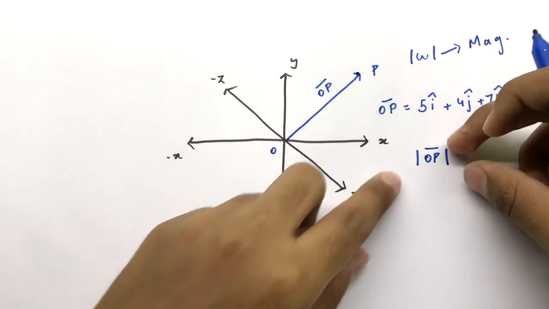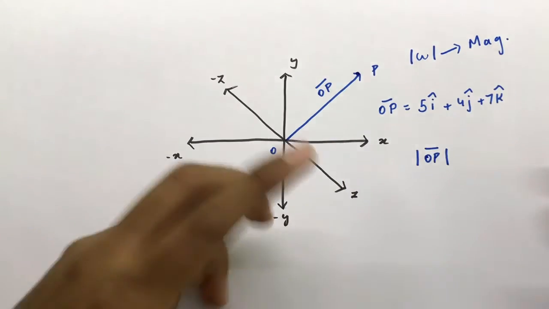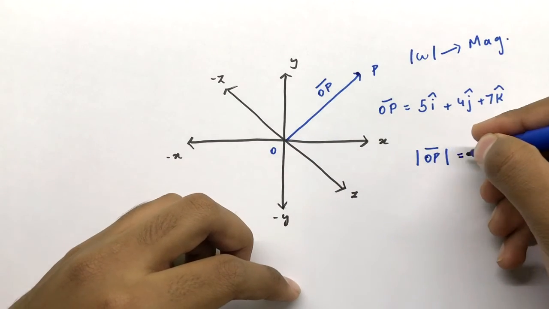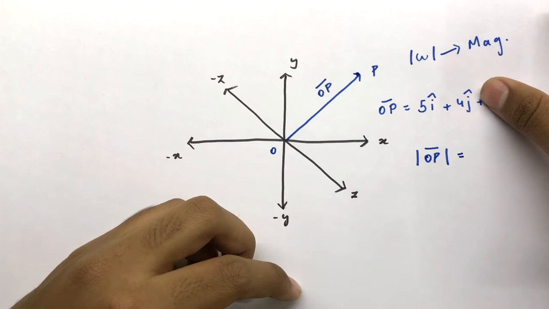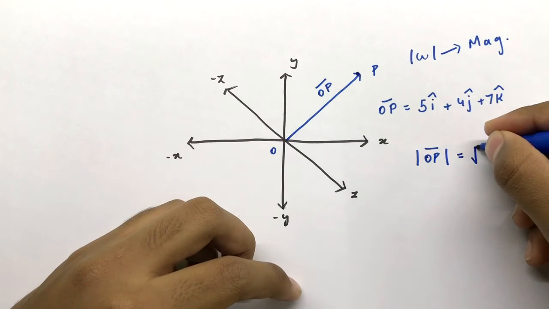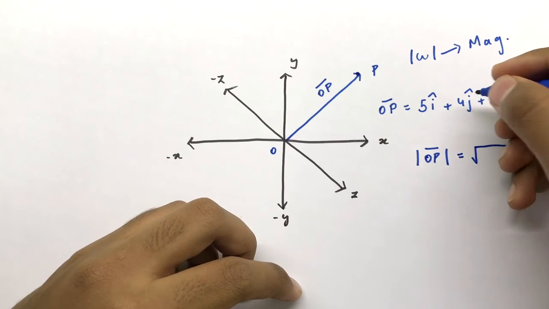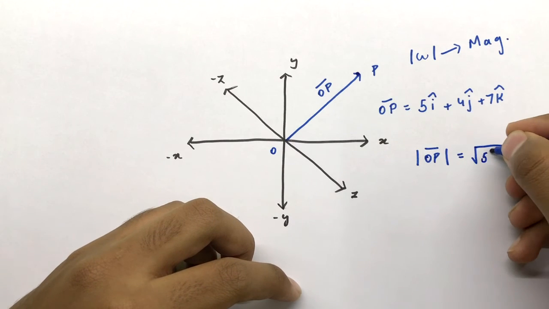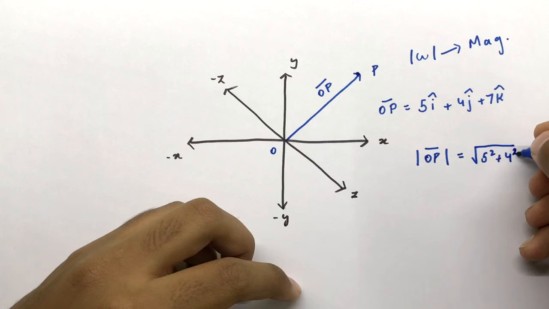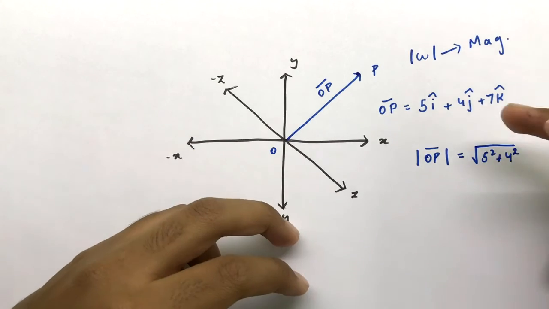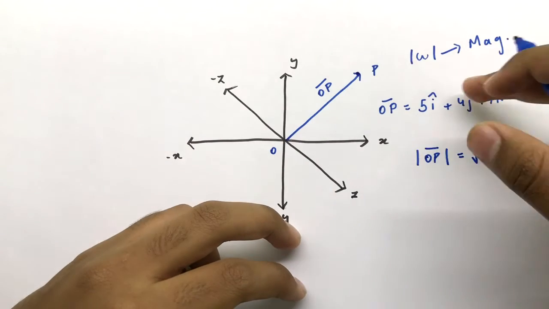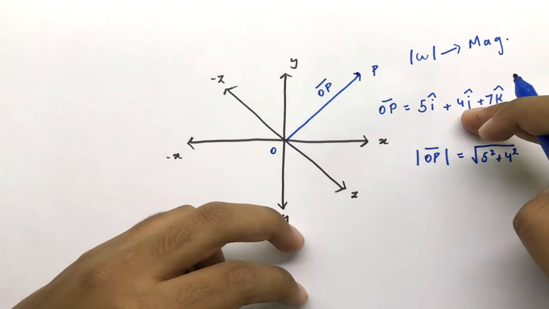So when I say mod OP bar, it gives you the magnitude of the OP vector. So all that we did to calculate the magnitude when we did not have the k cap part was under root 5 square plus 4 square, correct? We did under root 5 square plus 4 square using Pythagoras theorem, because we said a square plus b square equals c square, so c is equal to under root a square plus b square.